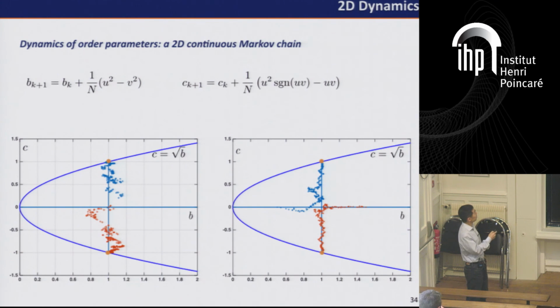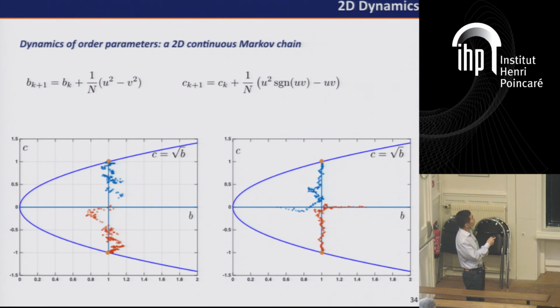And here is the evolution from b_k to b_{k+1}, and some simulations. For every iteration of this algorithm, we can summarize the performance in terms of a point in R^2, and this goes through a Markov process.